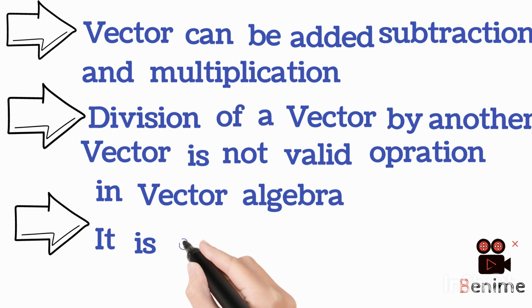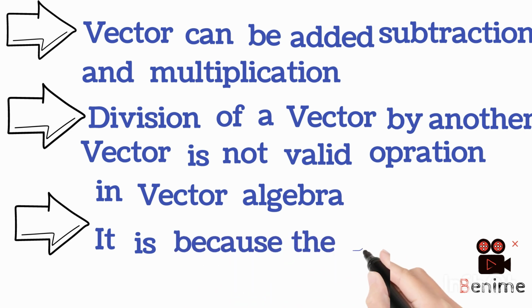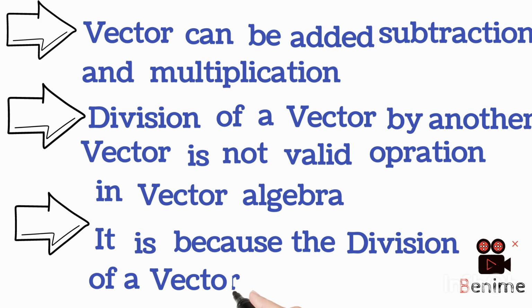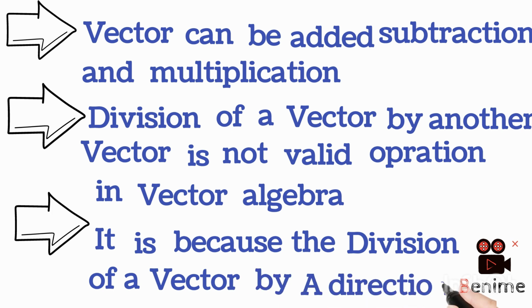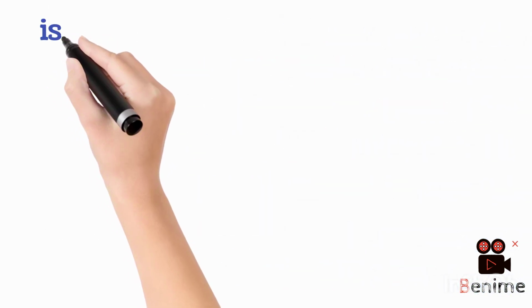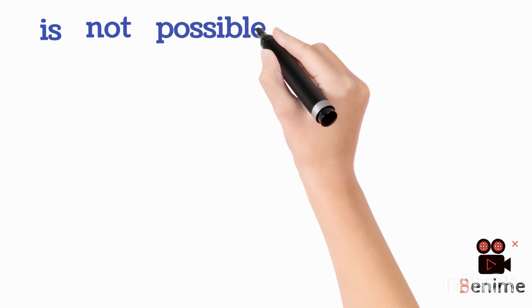It is because the division of a vector by a direction is not possible.